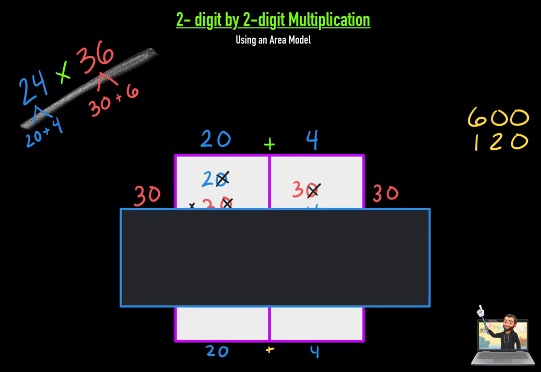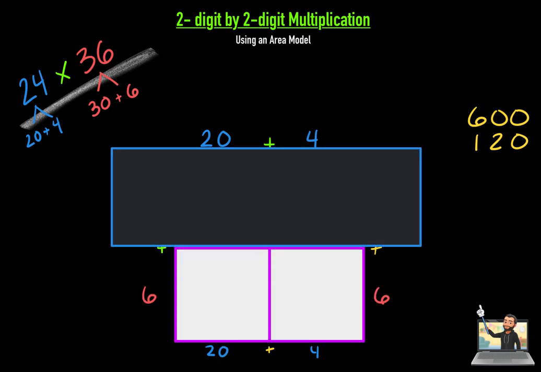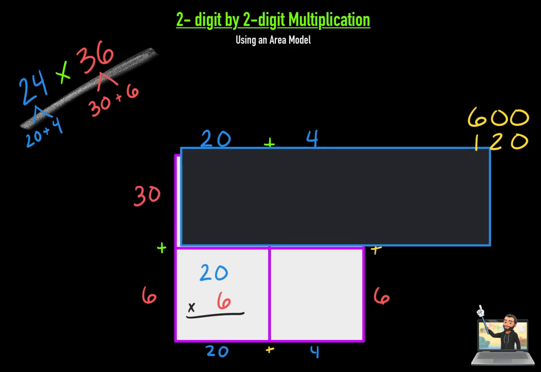Now, I'm going to block this for a second. I'm going to come down to the bottom. Just like I did before, I'm going to take my larger number, which is 20, and I'm going to multiply it now by this 6 that we find right here. That 6 comes from expanding 36.